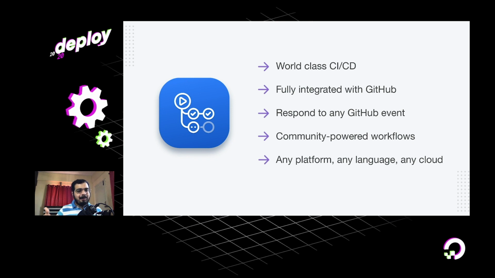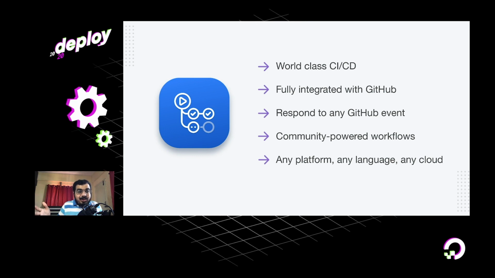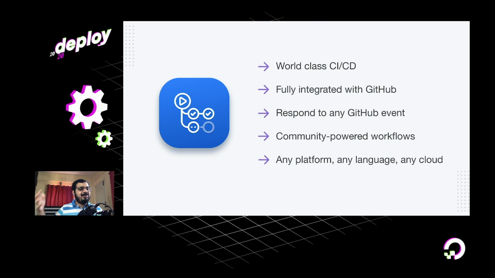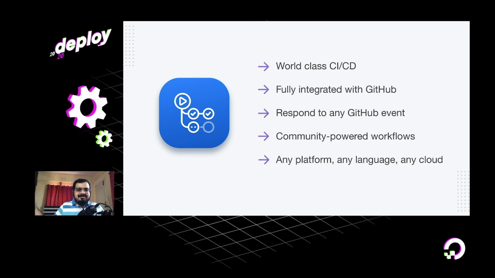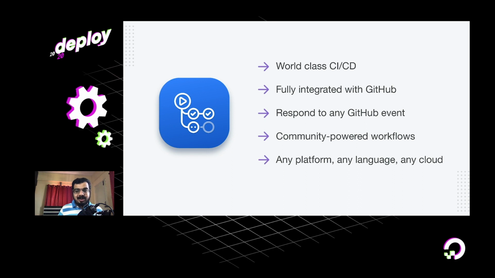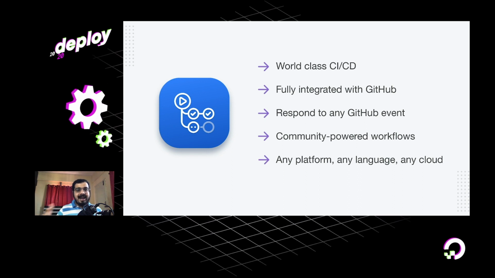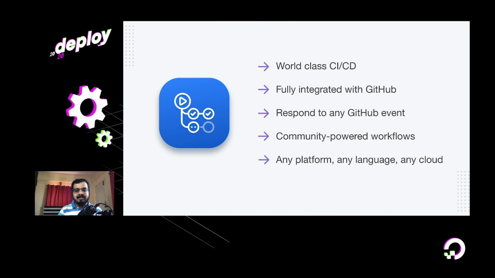And anything you build with GitHub Actions is shareable because it's just code in a repo. You can make it public, you can fork it, you can edit it, you can customize it. And well, you can do whatever you want with it. And finally, you can use it to work with any platform, any language, and any cloud because it's totally interoperable.